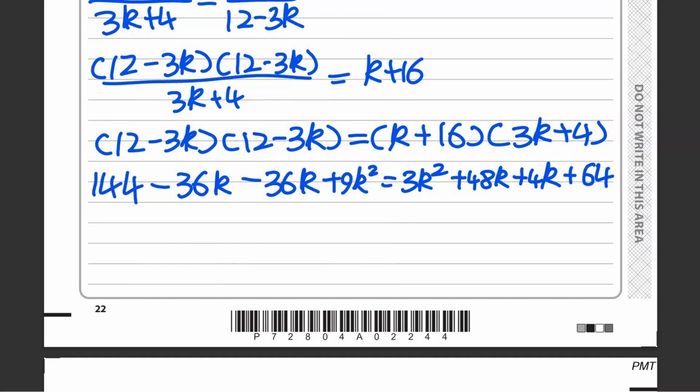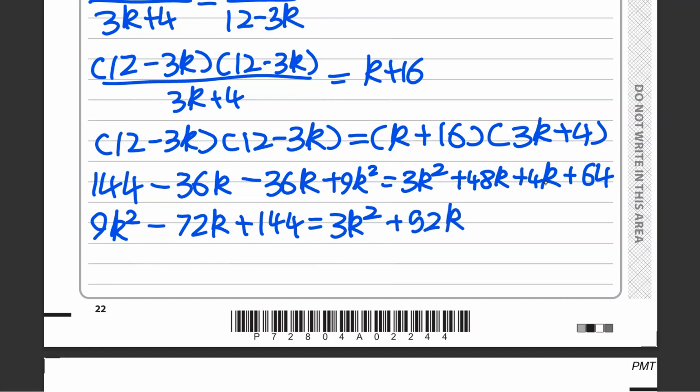So here, let's write this in the more quadratic form when we write this 9k squared first, minus 36k minus 36k is going to be minus 72k, and then plus the 144, and this is equal to 3k squared plus 48k plus 4k is equal to 52k, and then plus 64.